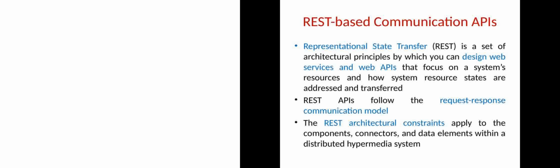REST APIs follow the request-response communication model. The client requests, the server processes, allocates the resources, and sends a response to the client. The REST architectural constraints apply to the components, connectors, and data elements within a distributed hypermedia system.